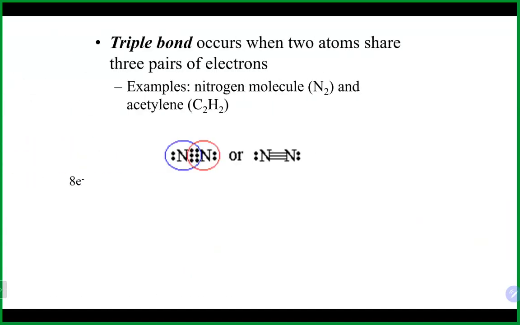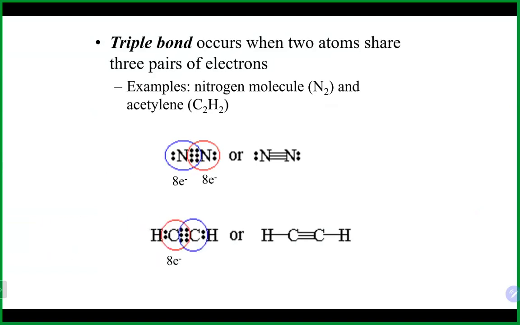And again, sometimes a triple bond is necessary to achieve that electron configuration of 8. In the case of nitrogen, by sharing those 6 electrons in the triple bond, each nitrogen is able to achieve 8 electrons. And here in the carbon, where it's triple bonded, by sharing those 6 electrons and also sharing 2 electrons with the hydrogen, the carbon gets to 8.